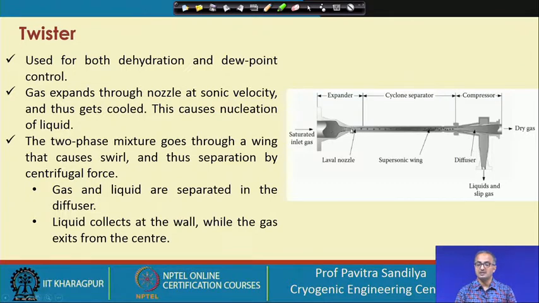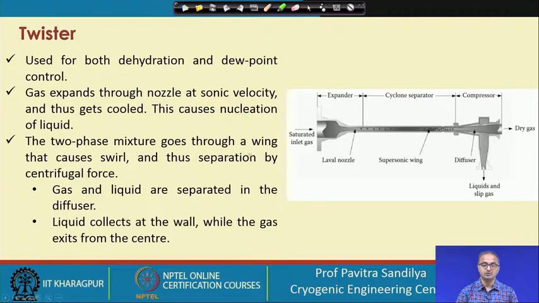It comes like this and it is expanded to about sonic velocity, and in sonic velocity the temperature decreases, due to which liquid is formed, and here we have the cyclone separator. This liquid and gas are separated, liquid goes towards the wall and gas moves towards the axis of the separator. And ultimately we are compressing it, and in the diffuser we are recovering the pressure energy, and we find that here we are getting a liquid.